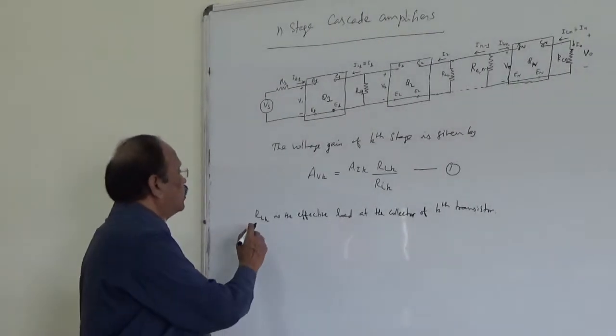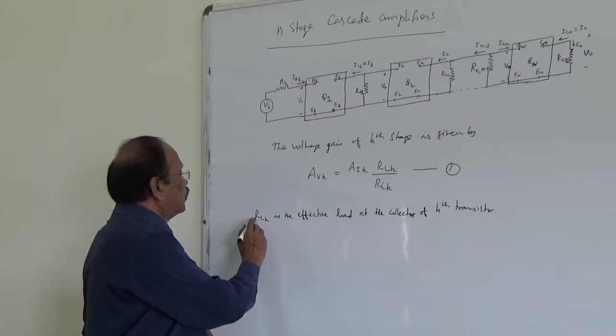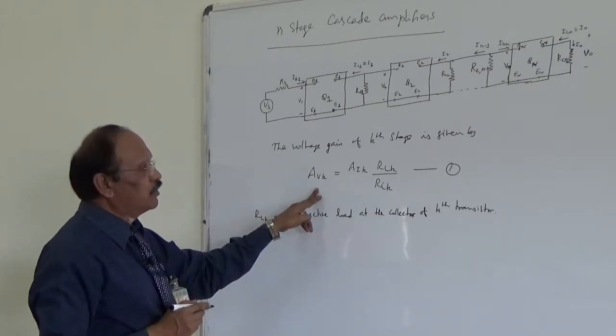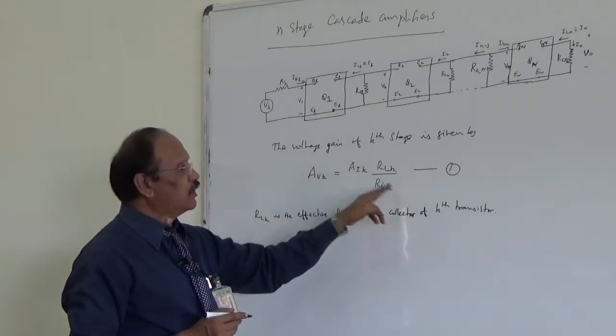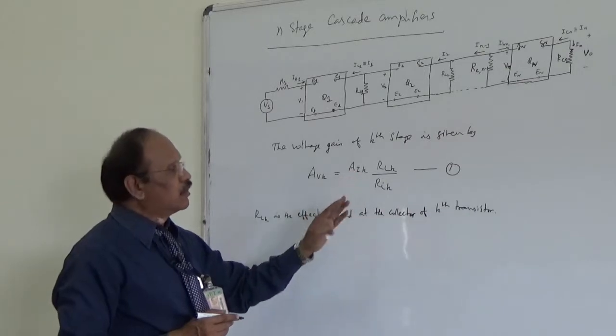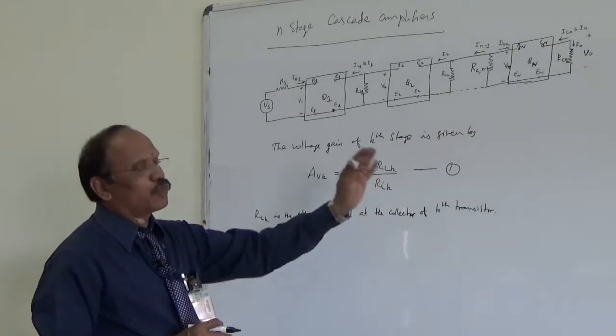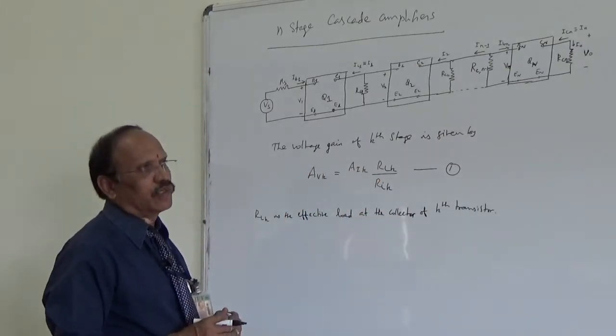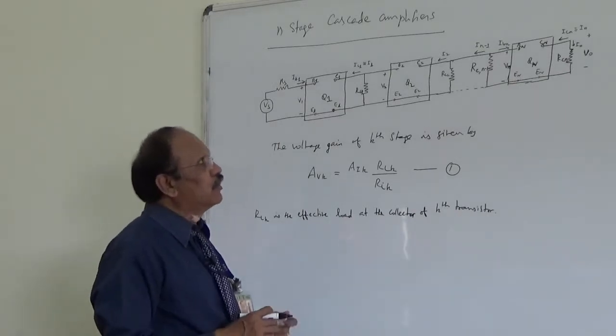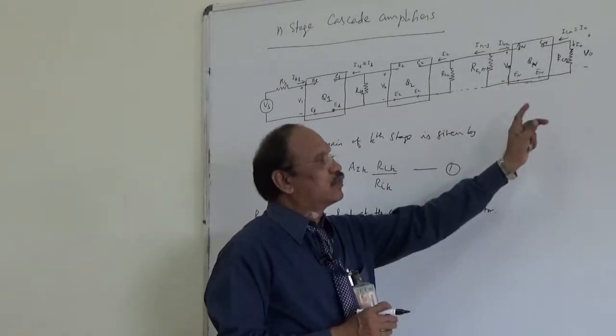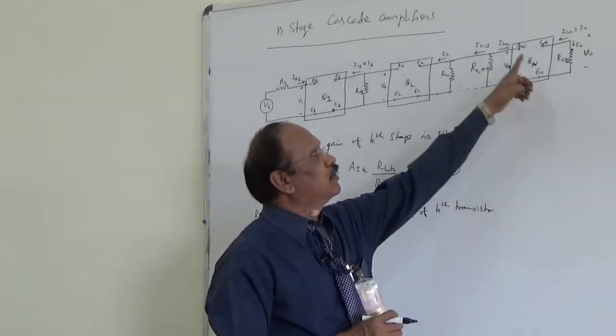So in order to determine this voltage gain, we have to determine each and every parameter starting from the last stage, proceeding to the first. So I will explain why.